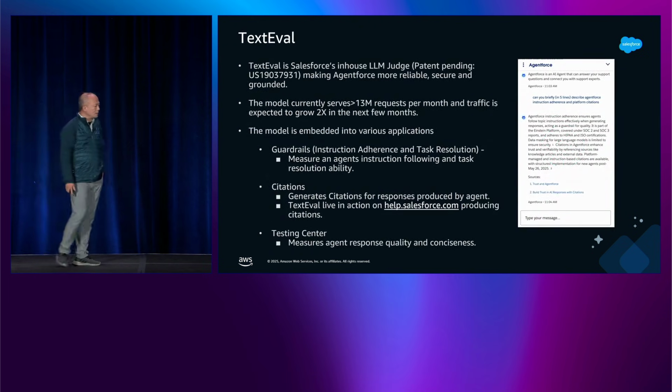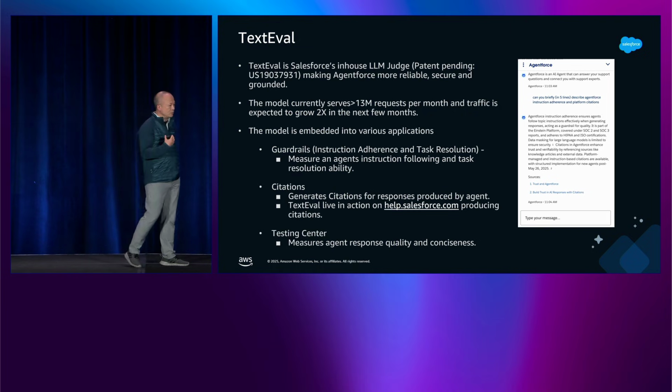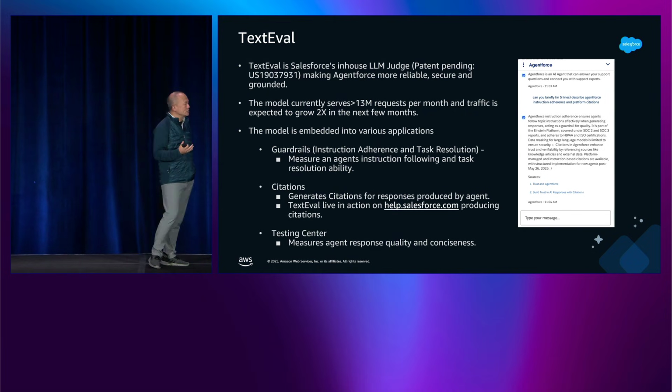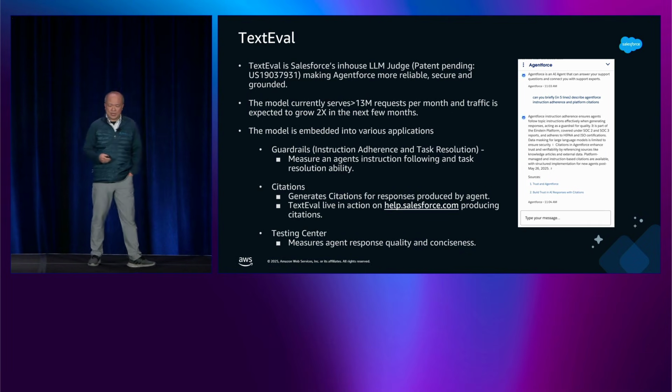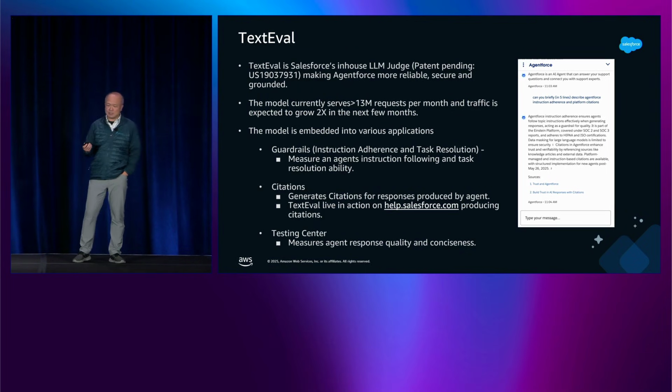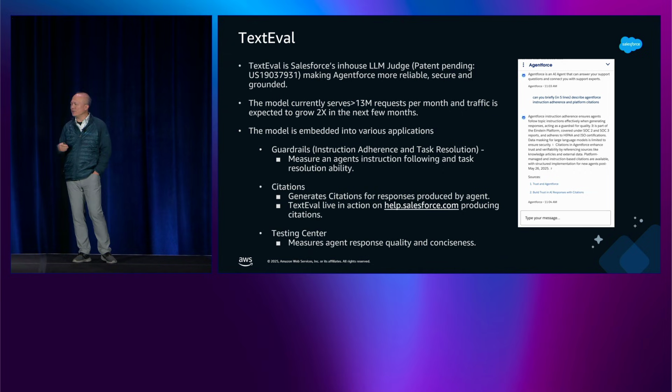So the particular model that we have now released is called text eval. Internally, we call it text eval. This is our in-house LLM-as-a-judge model. There's a patent number behind that and so on. Currently, on a monthly basis, it serves roughly 13 million queries and is expected to double and triple, right, over the next few months.